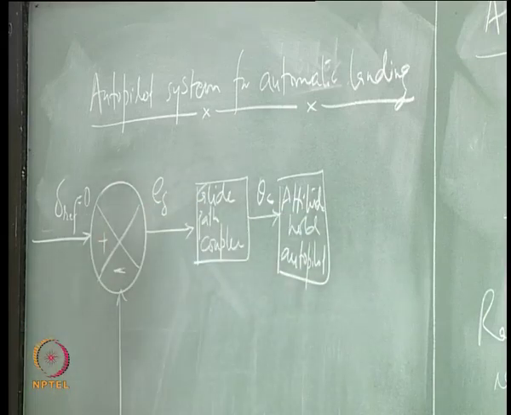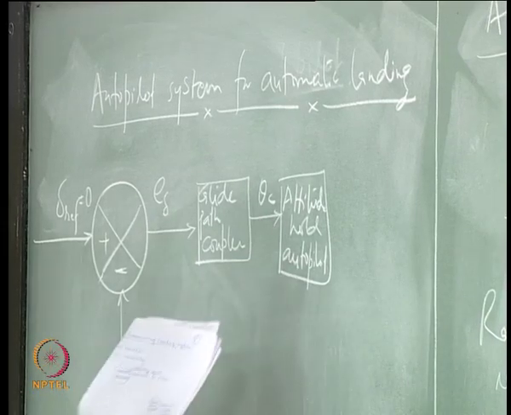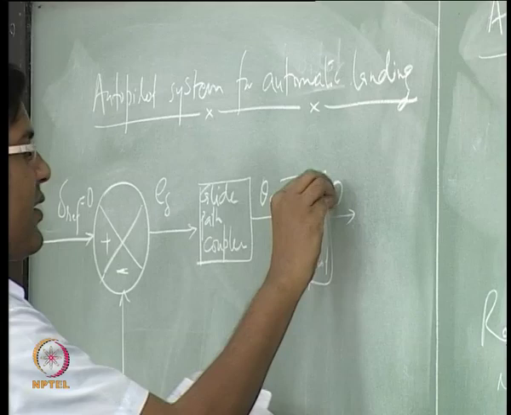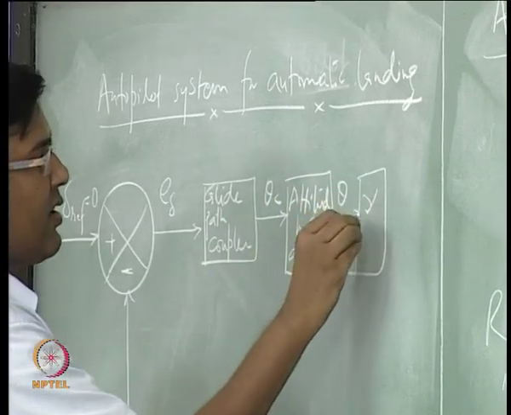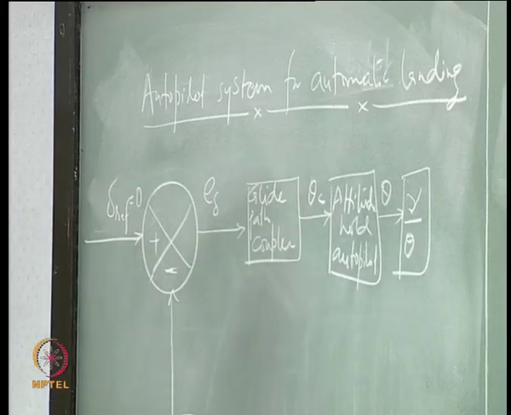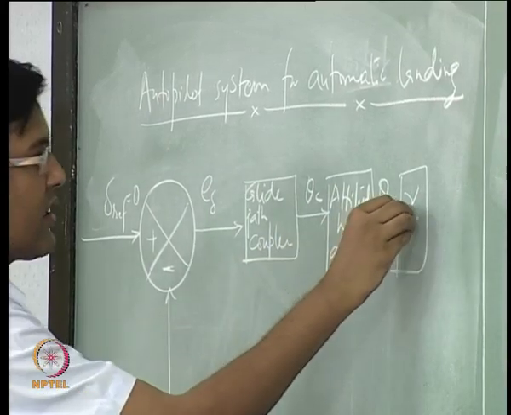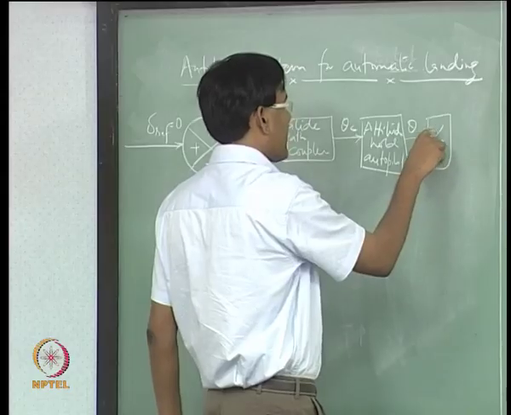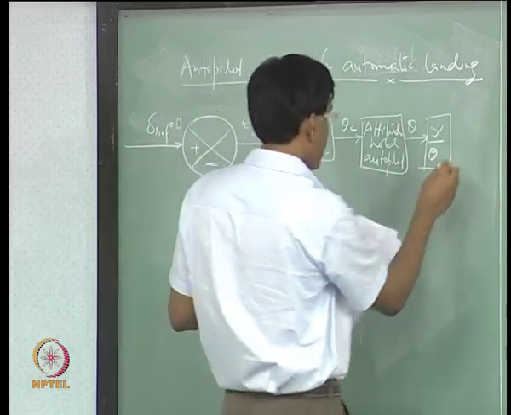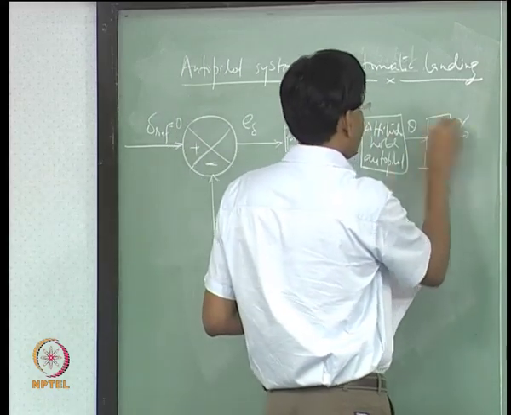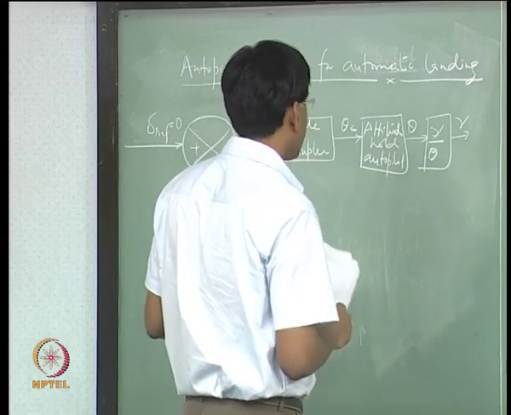Here an attitude hold autopilot is engaged because theta can be maintained at the prescribed value. This will change the flight path angle according to this dynamics. This gives gamma.